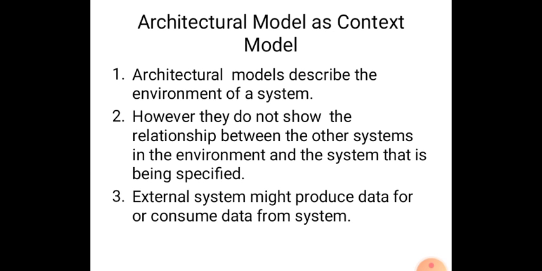However, they do not show the relationship between the other systems in the environment and the system that is being specified. Students, you very well know, we have seen in the earlier case, the architectural model speaks about the system and its environment, but it does not show how this system is connected to other systems. So this is one of the limitations of the architectural model.